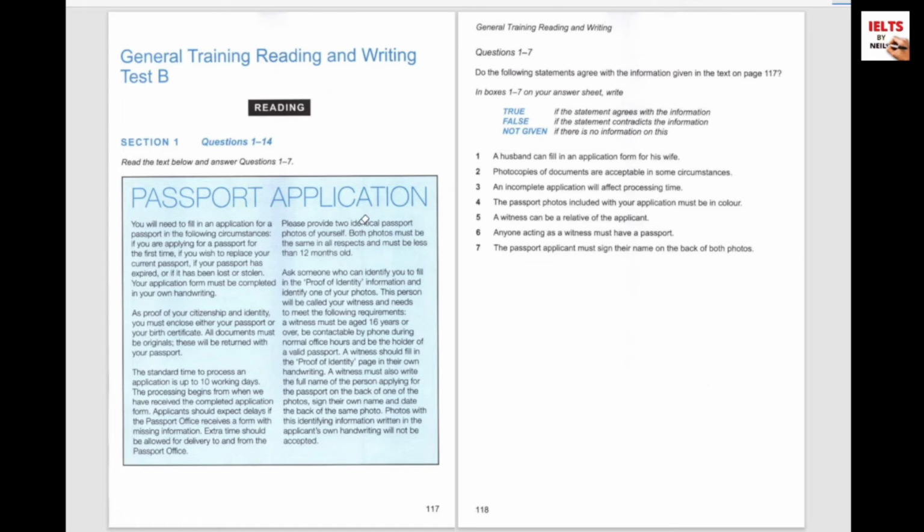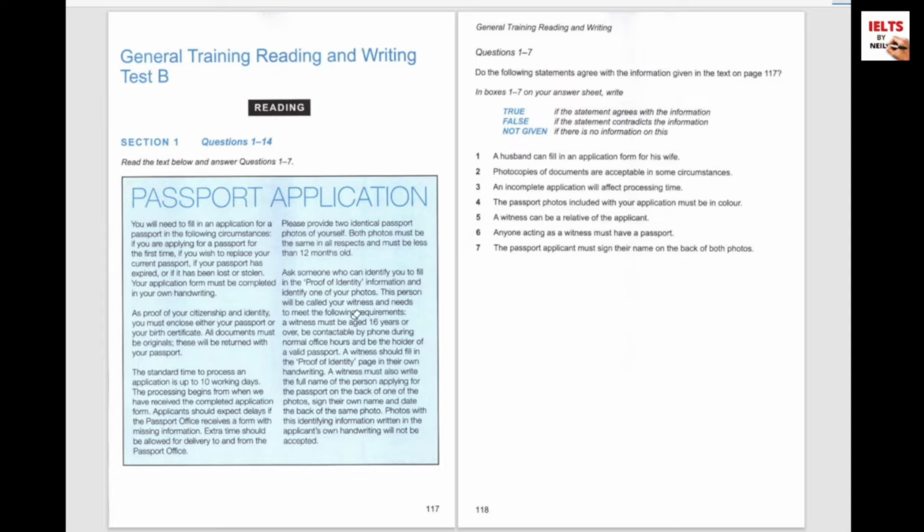So on the left hand side here, the information is given, and on the right hand side the questions are being asked. What you have to do is find if these statements are true according to this text, or false according to this text, or not given. It means it's not mentioned in this text.